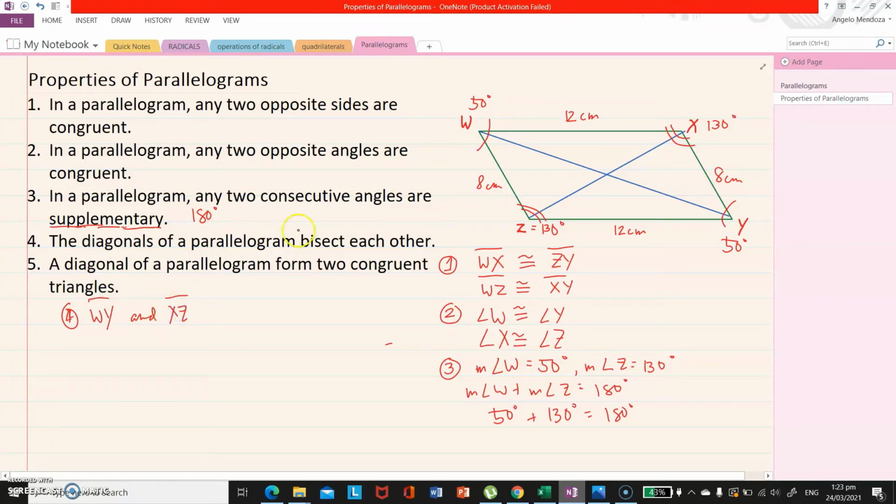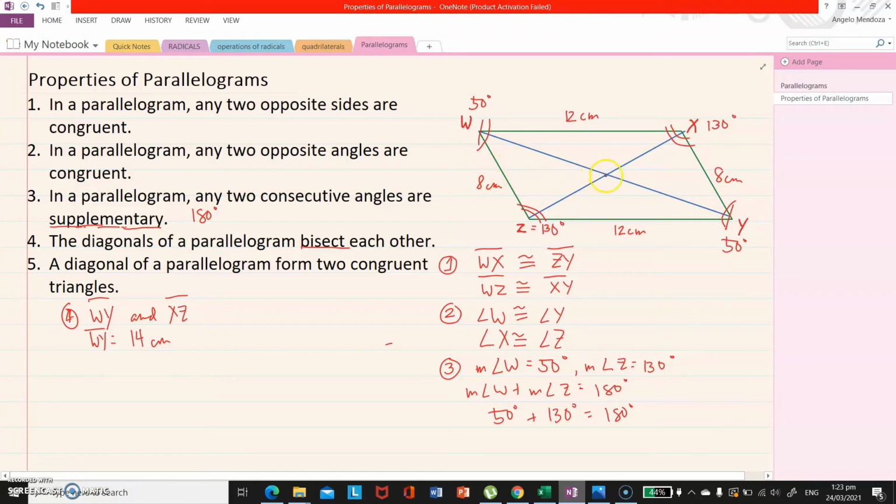Yan. So, pag sinabing bisect, let's say WY. Yung WY natin, okay, line segment WY, halimbawa ay 14 centimeters. Yung haba nung line segment WY is 14.